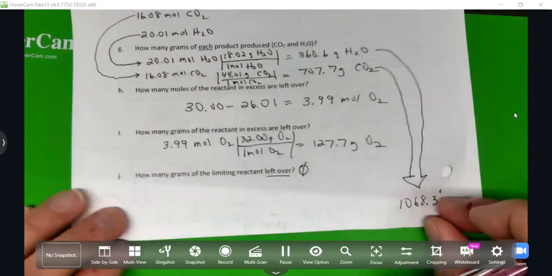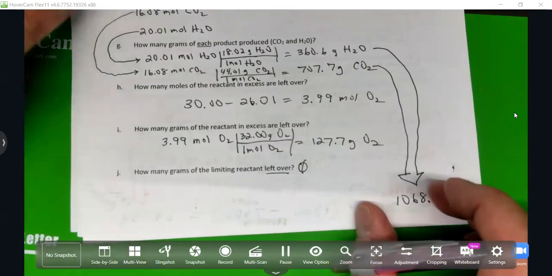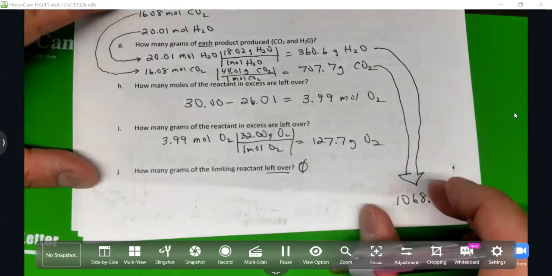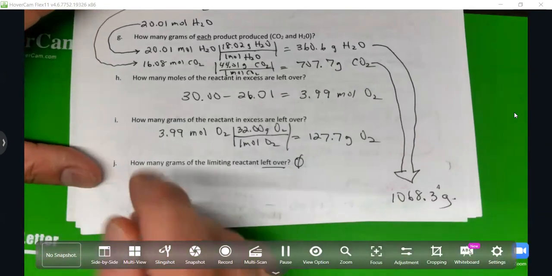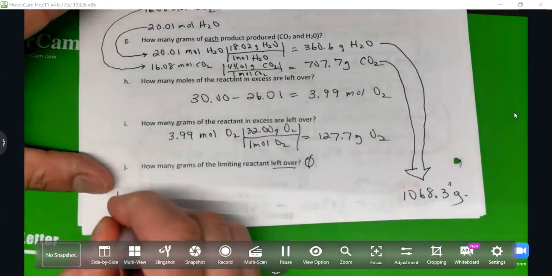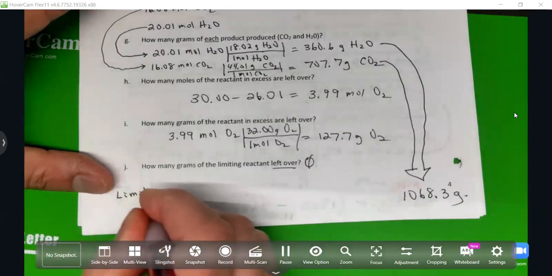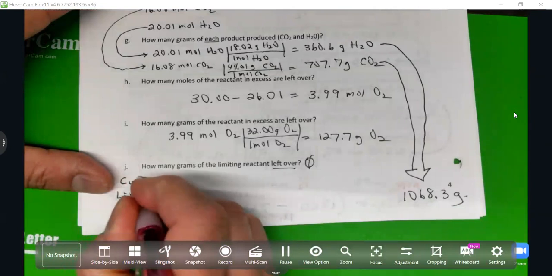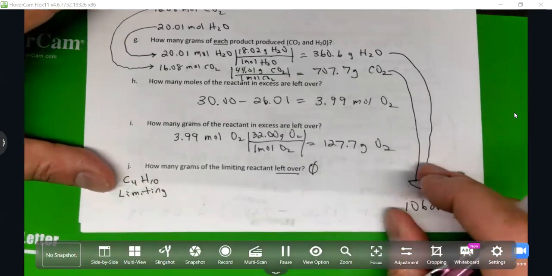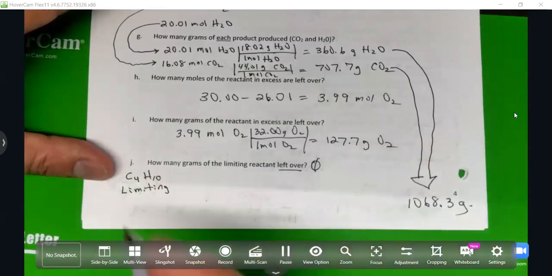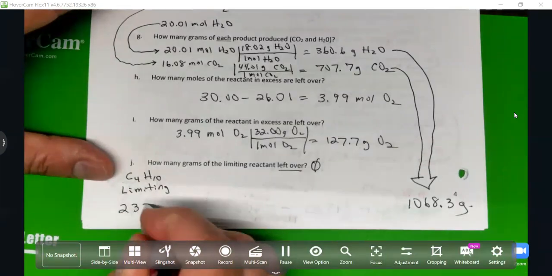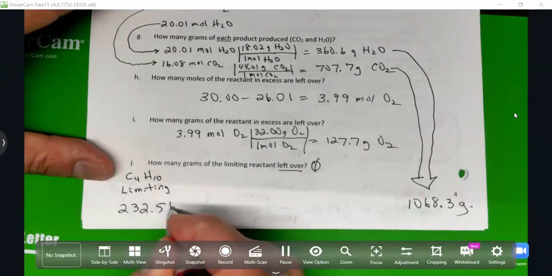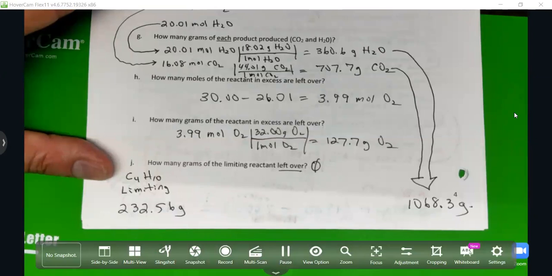First of all, the limiting one is all going to be gone. So our limiting reactant here is C4H10, and that was 232.56 grams. That's what we have.